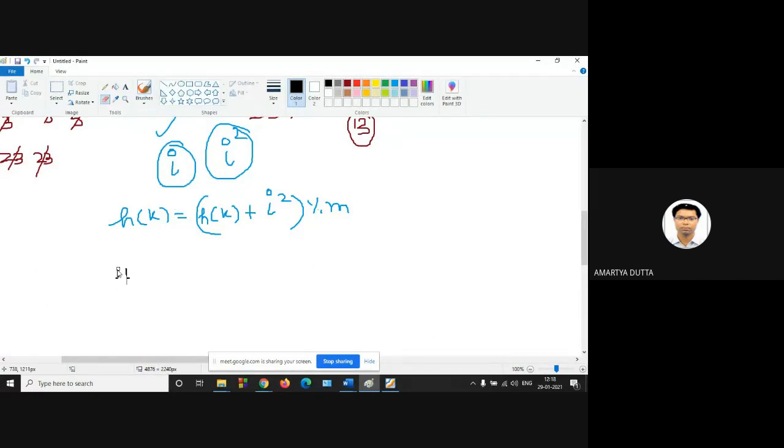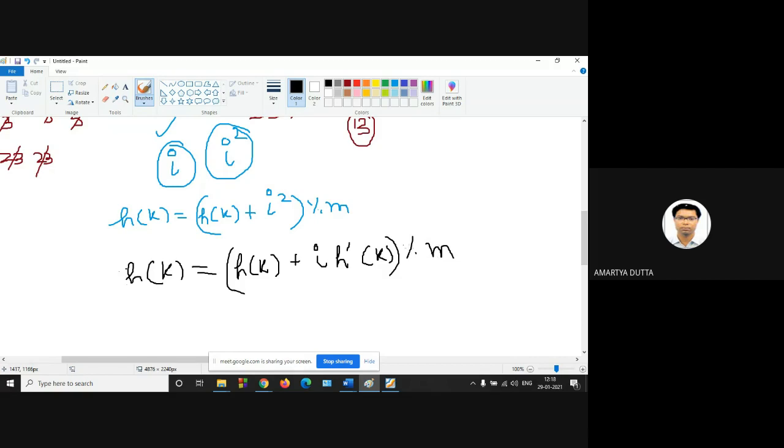The formula for double hashing: HK is equal to HK plus another hashing function H dash K, mod M. So two hashing techniques are used simultaneously.